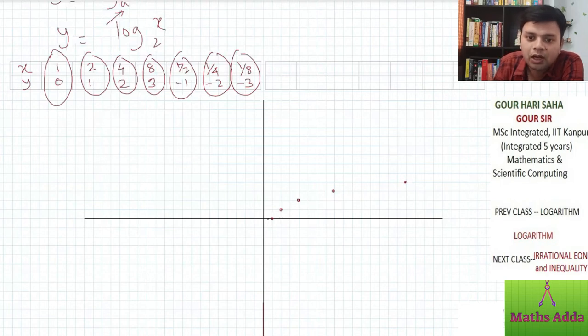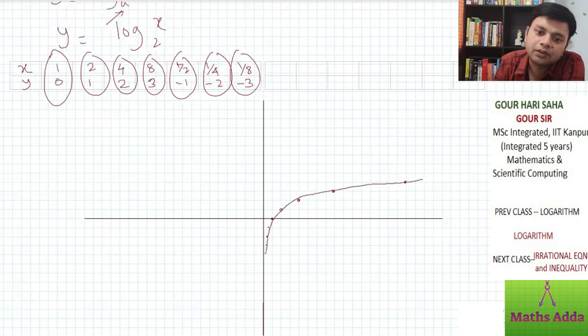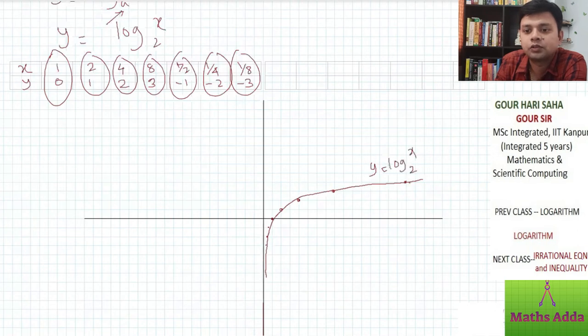Now at x equal to half, it is minus 1. X equal to 1 by 4, it is minus 2. X equal to 1 by 8, minus 3. So we can see how this graph will look. Connect them smoothly. This is the graph of y is equal to log of x base 2.